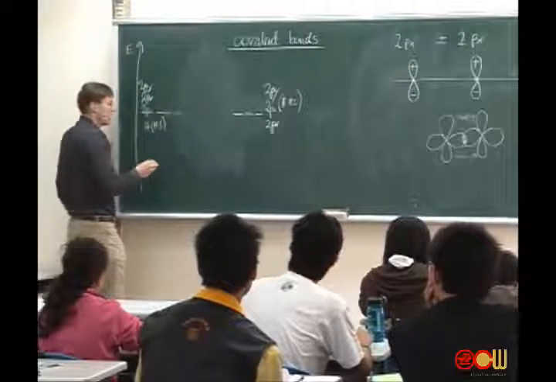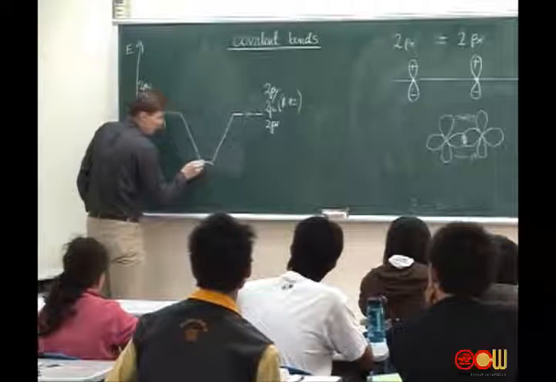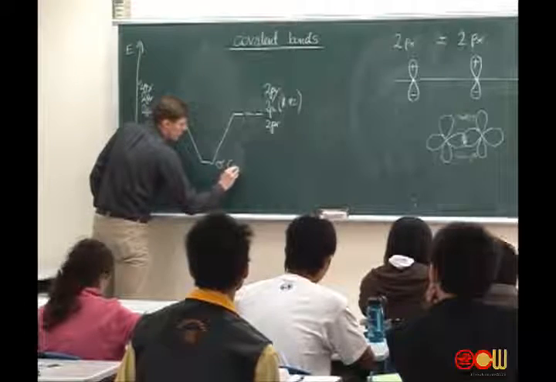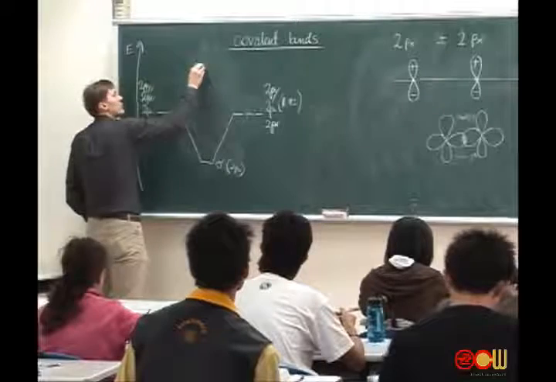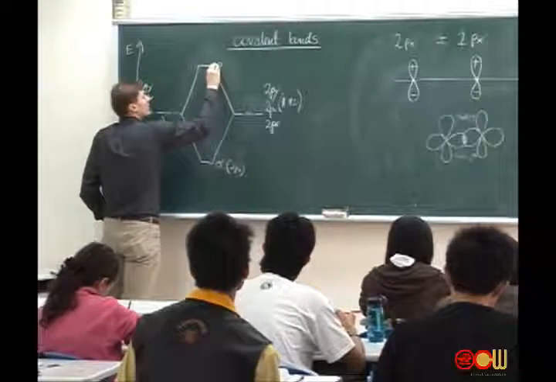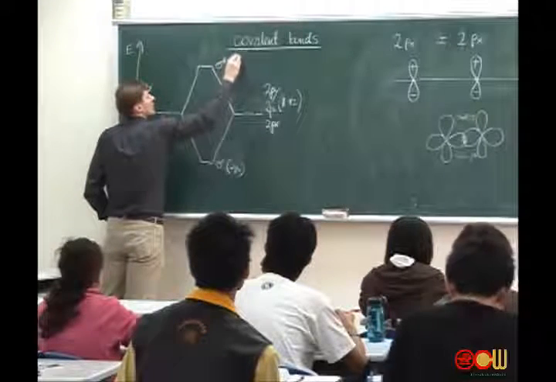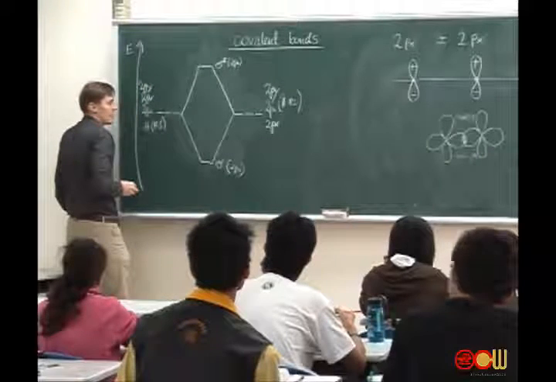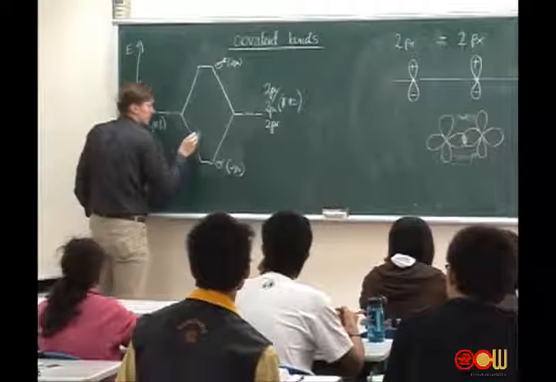pz and pz makes a sigma bond, low in energy, out of 2pz. pz and pz make a sigma bond, anti-bonding. Then, next part, px and py make a pi bond.